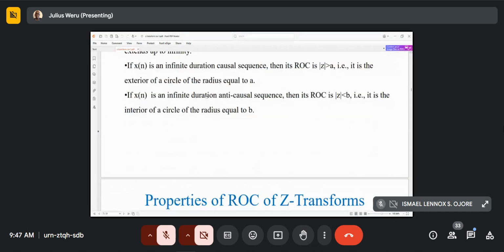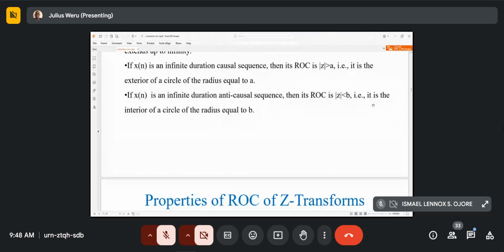I think this will be clear when we work with examples. If x[n] is an infinite duration anticausal sequence, which means it is only defined on the left, then the magnitude of z will be less than b.